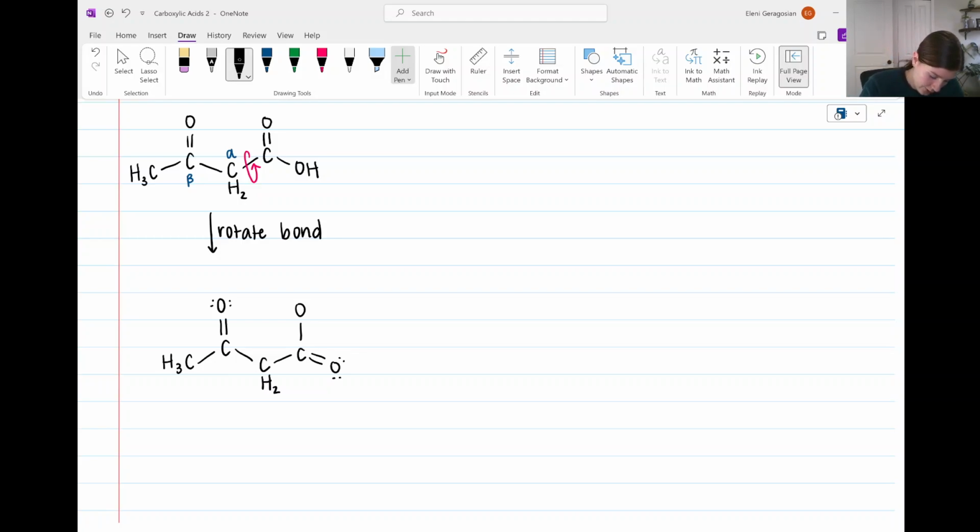So I'm going to intentionally draw the hydrogen a little bit to the left. So when we have a beta keto acid, that oxygen that's part of the ketone part of the molecule can form a hydrogen bond with the hydrogen that's from the carboxylic acid part of the molecule.